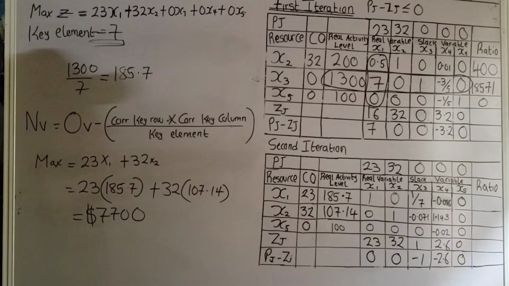If it is, then you have reached an optimal solution. But if it is not, then you proceed to the second iteration. If by the time you compute the data for the second iteration you realize that the Pj minus Zj is less than or equals to 0, then you have reached an optimal solution. But if the Pj minus Zj values are not less than or equals to 0, then you proceed to the third iteration.